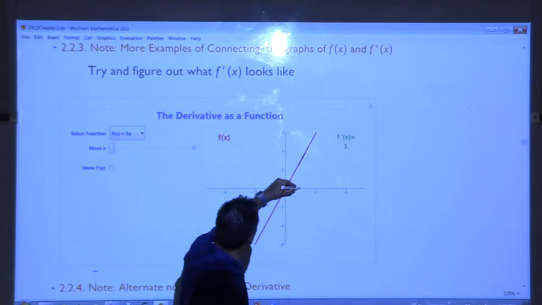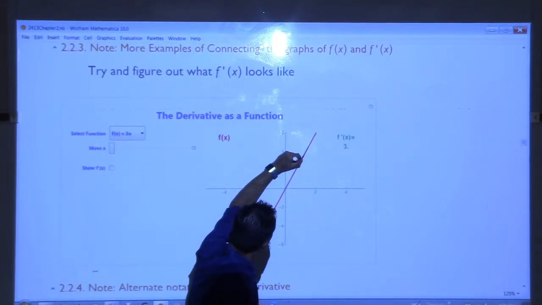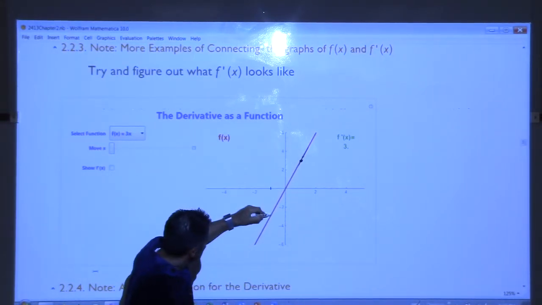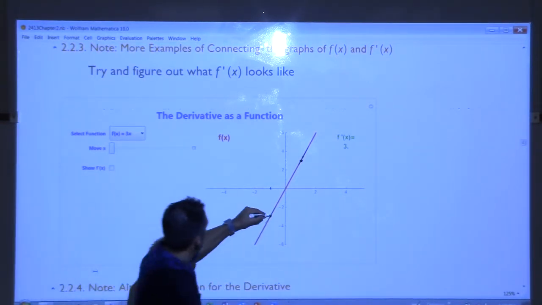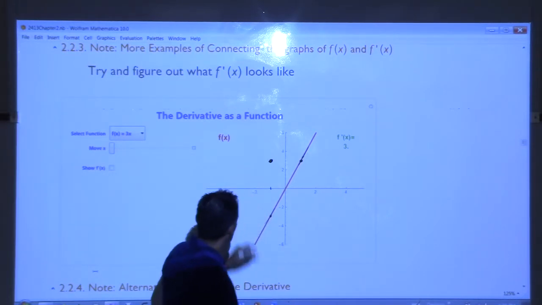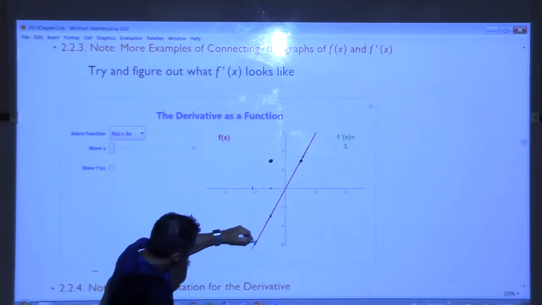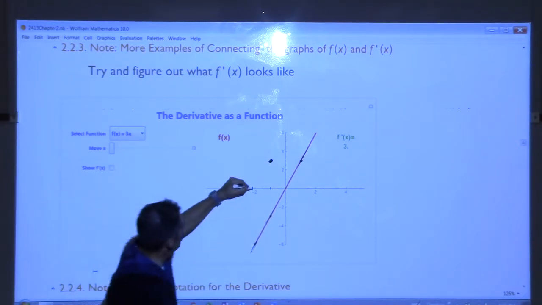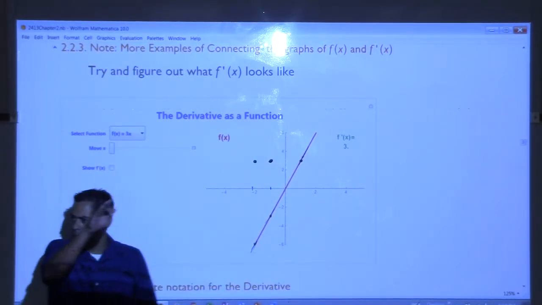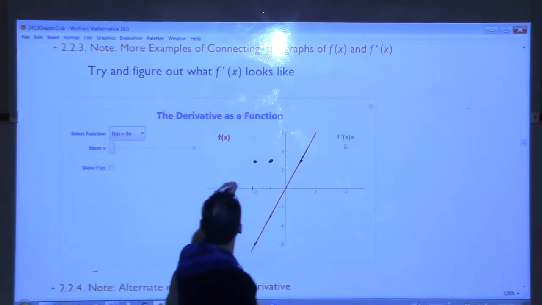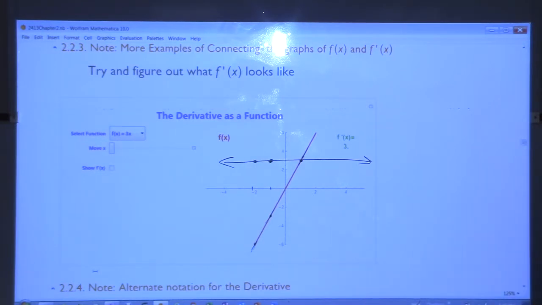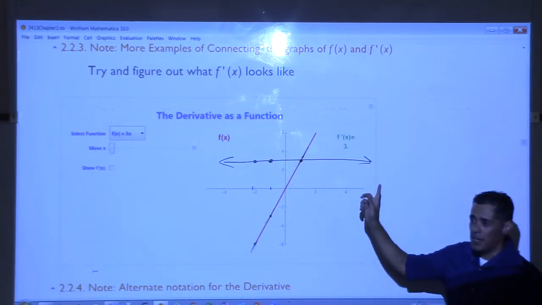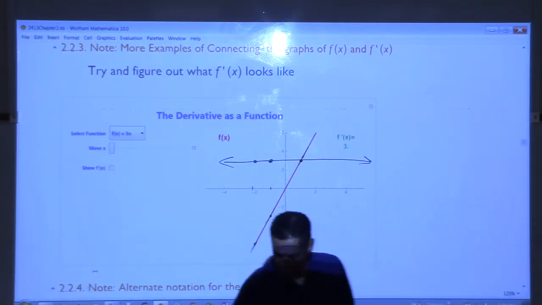So I would go out here and plot a point at 3. Now what if I go to this x value here? What's the slope of the tangent line there? It's also 3. So I put a point right here. What if I go here to that point? What's the slope? 3. And so I put 3 there. And wouldn't it be 3 everywhere? So the derivative of this function should just be a horizontal line, because your slope is always constant on that line. Does that make sense? Okay, let's do a different one.